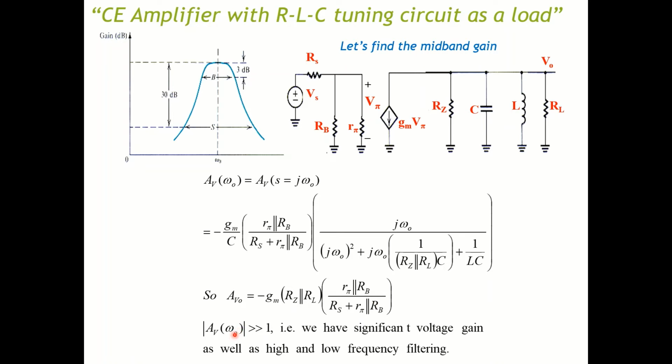So normally without the load, this gm is around 50 milli, right? But you have R pi parallel RB over RS plus R pi parallel RB, which is probably less than 1.